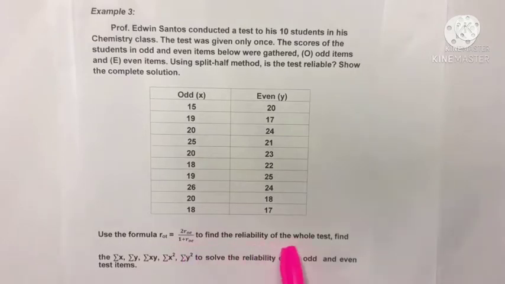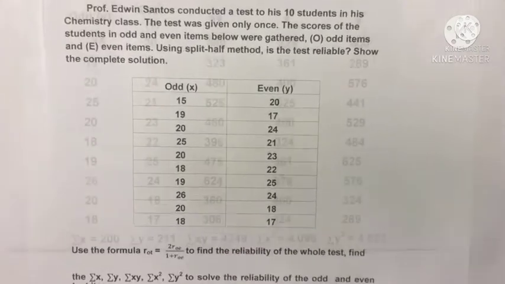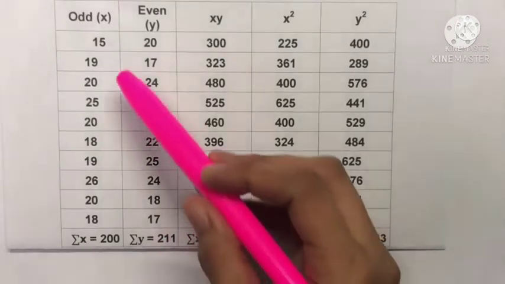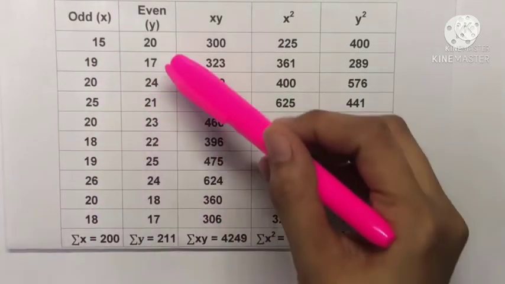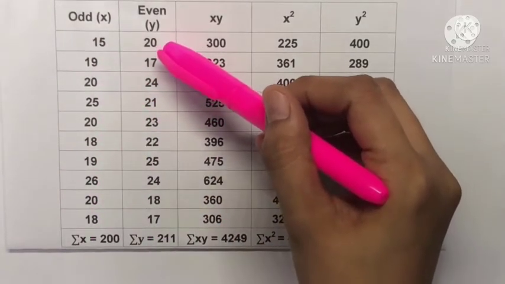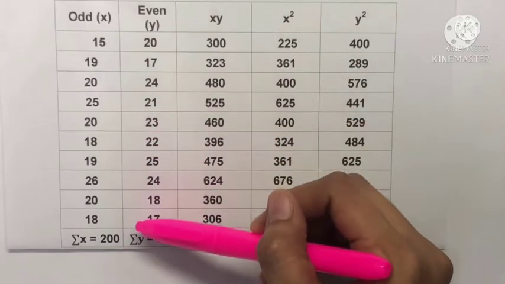So to find the reliability of the whole test, we will find the summation of x, summation of y, summation of xy, summation of x squared, summation of y squared to solve the reliability of the odd and even test items. So we have here the table. So here are the scores of the students in the odd items and the scores for the even items.